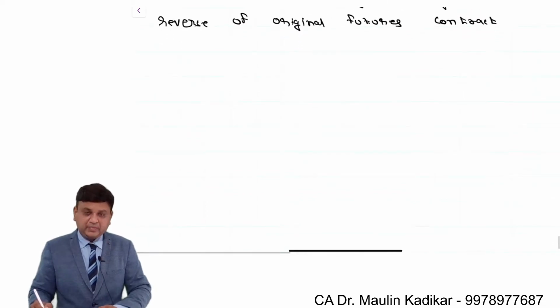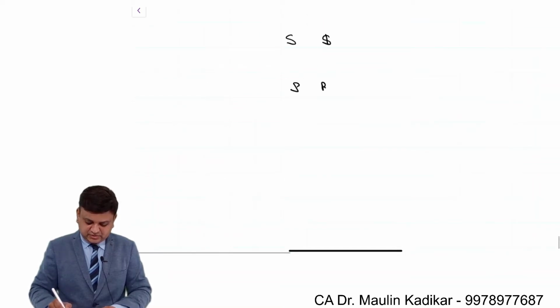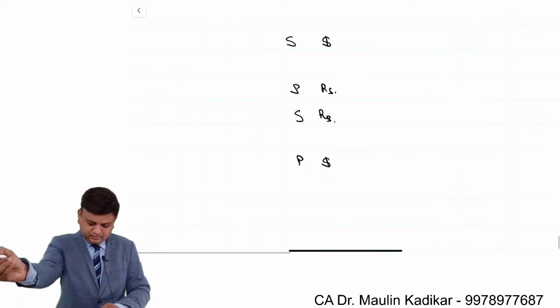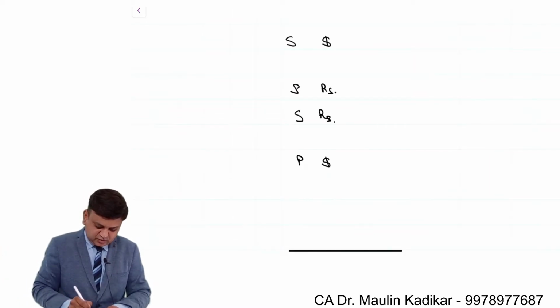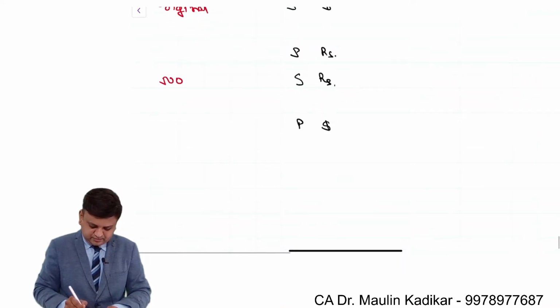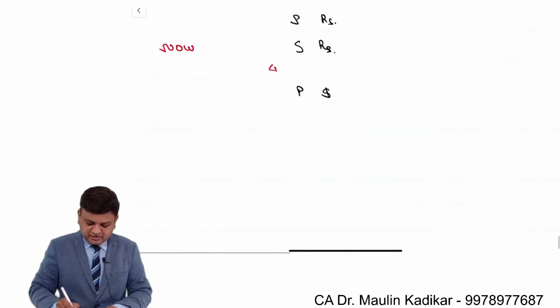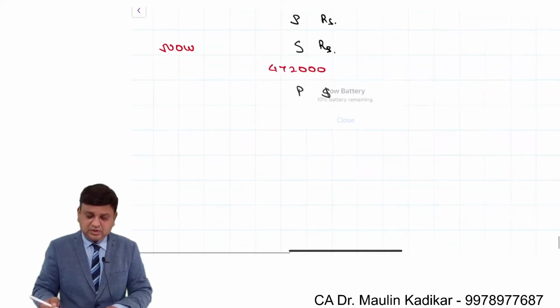Okay. So we understand that the original contract is a sell of dollar and purchase of rupees. The reverse will be sell of rupees and purchase of dollar. This is what we understand is the original, and this is what the contract is now. So 4,72,000 rupees is the lot size.